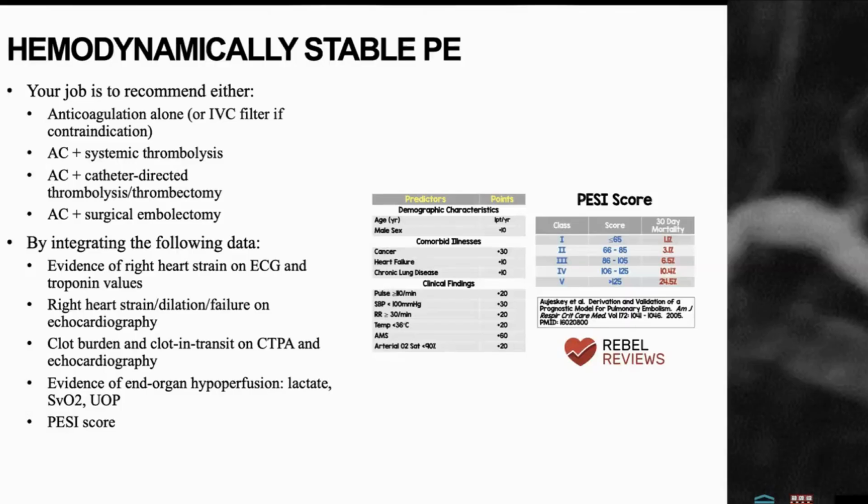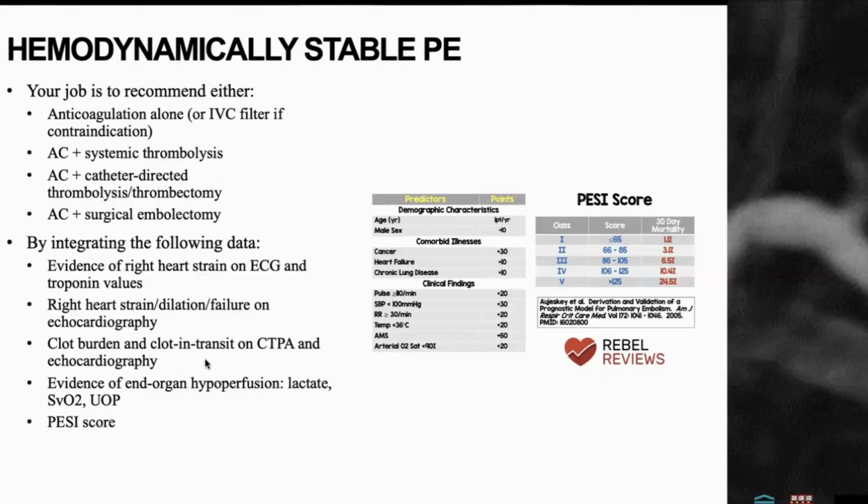It's not the clot burden. However, clot burden is important because in someone who's hemodynamically stable, but they have a huge clot like our patient did, that might drive you a little bit more into being aggressive with catheter-directed thrombolysis and thrombectomy or surgery, as opposed to just doing systemic thrombolysis or anticoagulation alone.